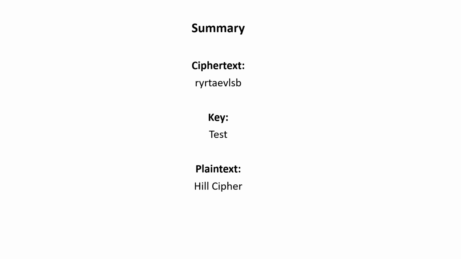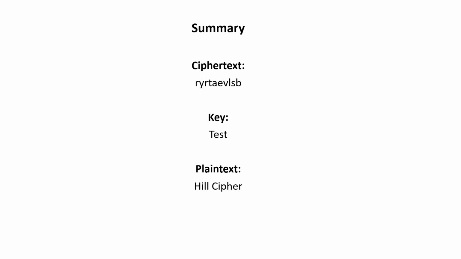Then we use a block by block approach. We transform our ciphertext into blocks and multiply on the right hand side by the inverse of our key. For each block, we got certain plaintext, and we concatenate them and put them together, and we got the phrase Hill Cipher back once again.